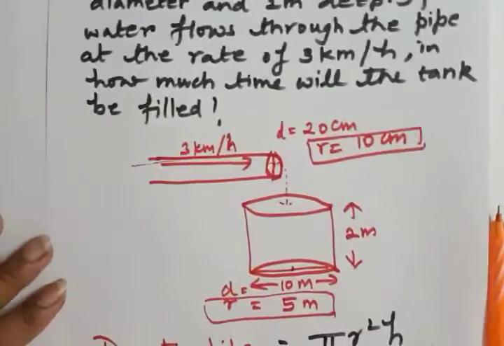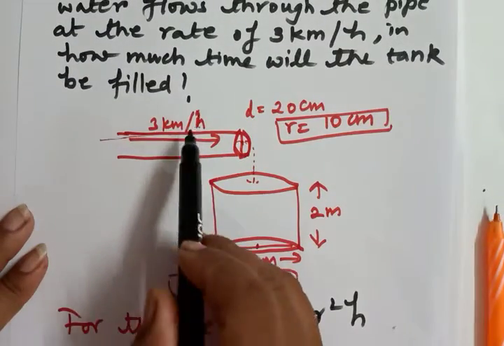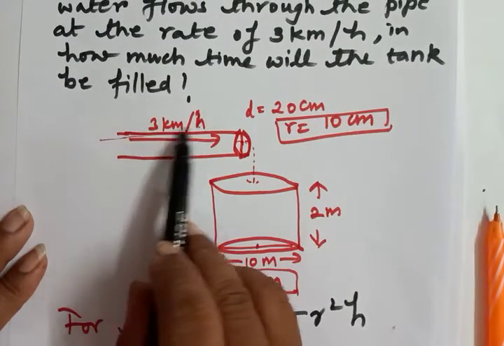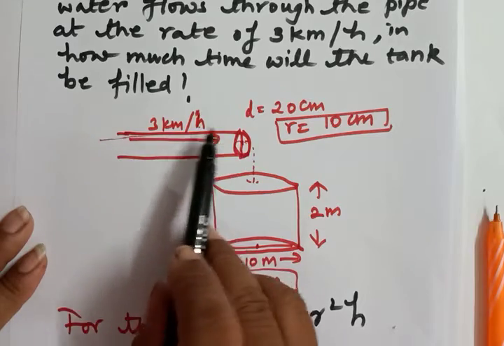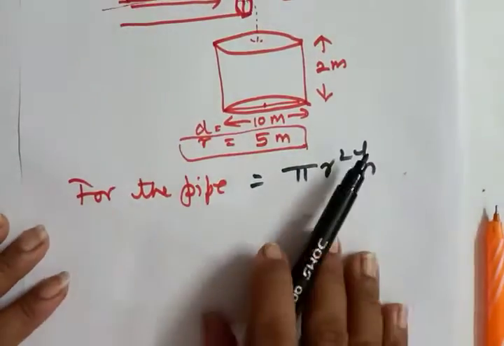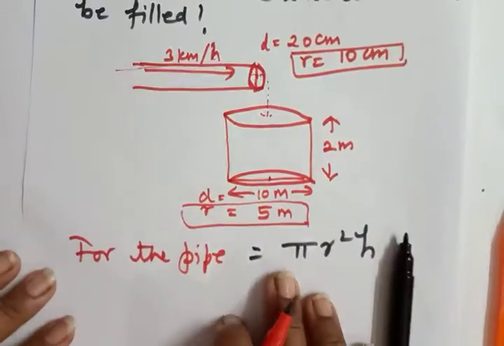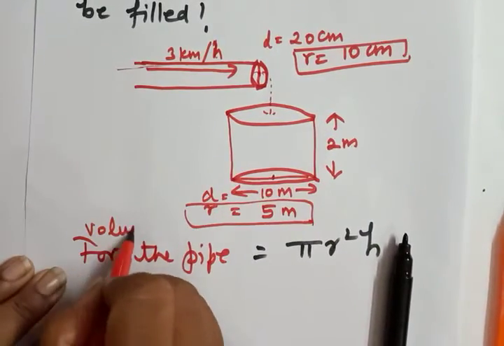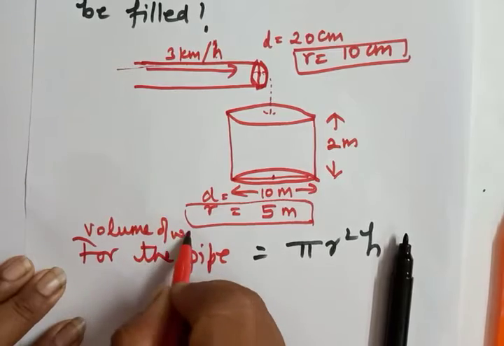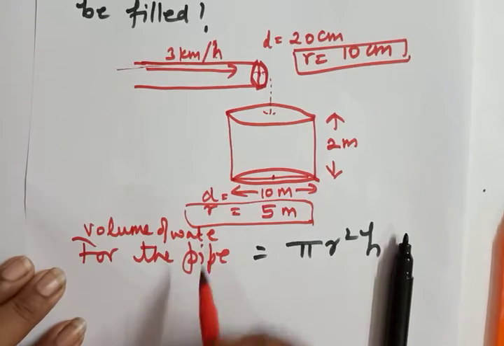The height for 1 hour is 3 km, so we take it as the length for 1 hour. I am writing here volume of water.